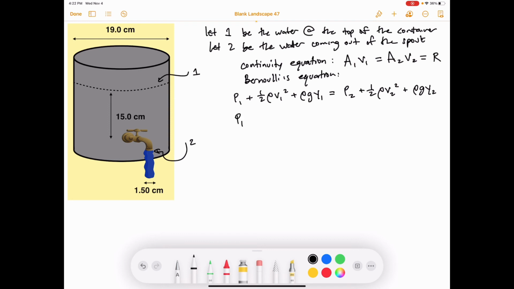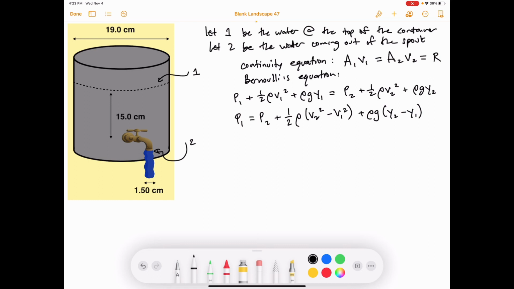I want to know what that pressure is of the fluid at the very top of the container. So P1, if we solve for it, is going to be P2. I'll have that pressure 2 on the other side. And then I'll have two terms in my equation with 1/2 times rho times V squared. I'll have a V2 squared, and then I'll subtract off the V1 squared. Then I'll have rho times g times Y2 minus Y1. All right?